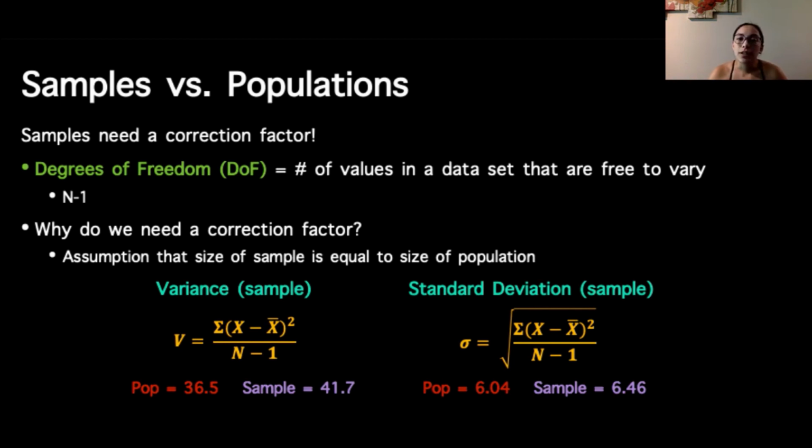It's important you include this degrees of freedom because it accounts for some degree of error that maybe you didn't collect everyone in your population. So you'll notice that both the standard deviation as well as variance are larger in these sample calculations than we would see in the population calculations.